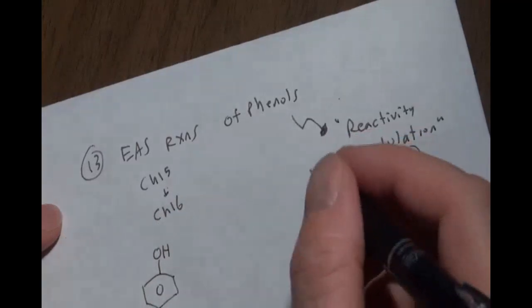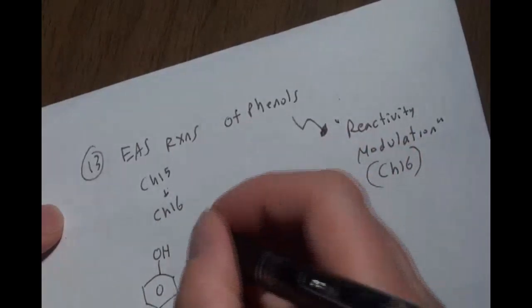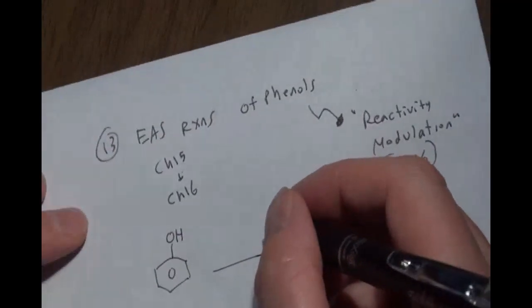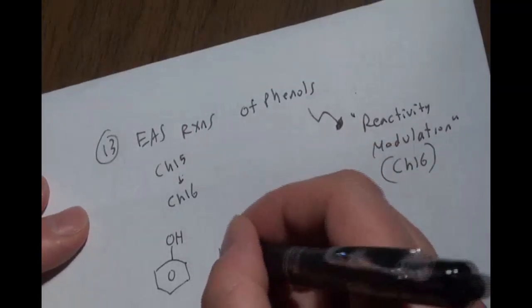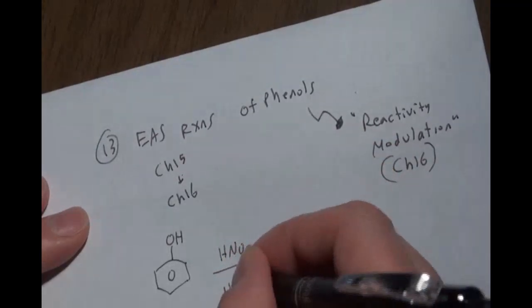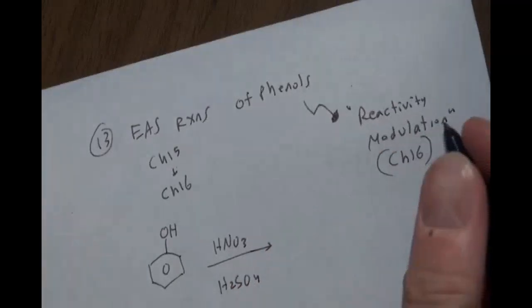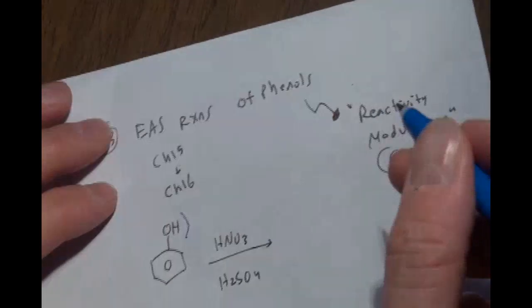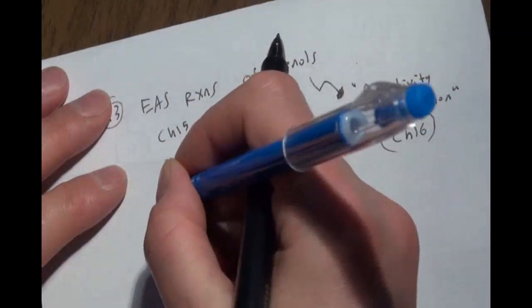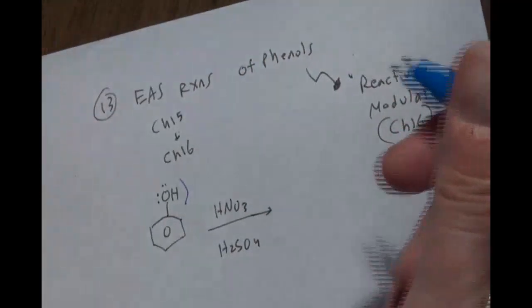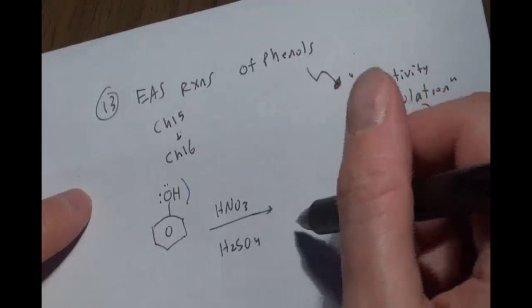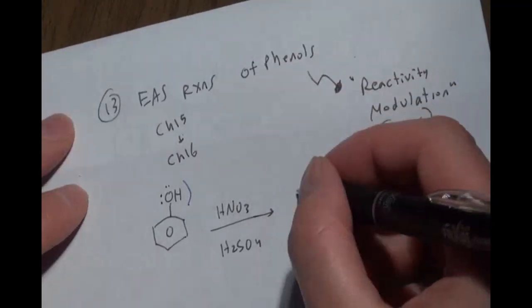Okay, example. If you take a phenol, for example, and we nitrate it, well, this is actually a very easy reaction, because what kind of director is this? It's got the lone pairs on it, it's an ortho-para director, and nitro gets attached probably at the para position.